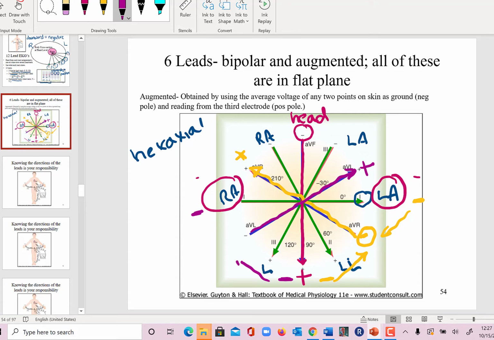Where is the halfway or average distance between those two negative poles? Somewhere in between your feet and your right arm. Again, if your right arm is abducted, as if you were being put on a cross. So this is now a negative pole, an average negative pole, and it's pointing over your left shoulder. So those 6 vectors are your responsibility.